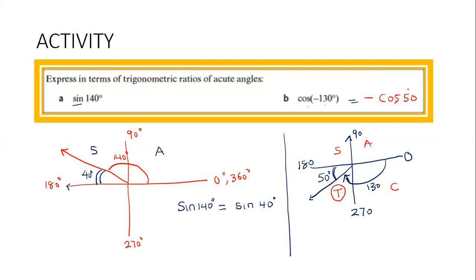Please take note, always your reference angles will be positive. So the negative was to show us where our angle is lying, which direction we are taking. So when you use your calculator, cos of negative 1/3 must be able to give you negative cos of 50.